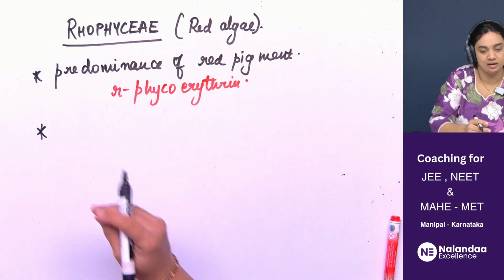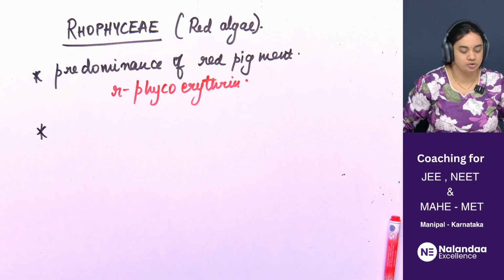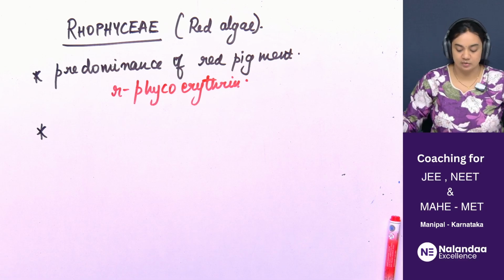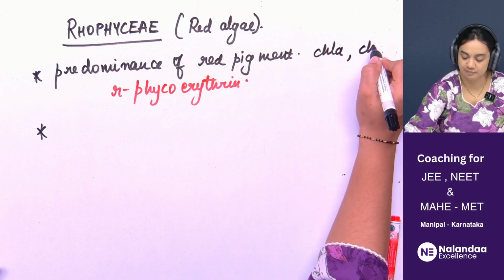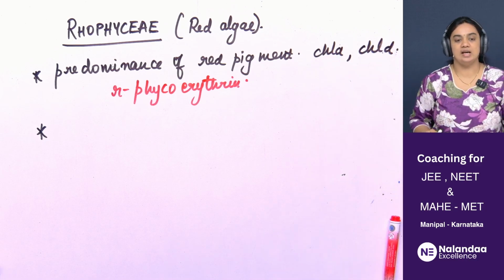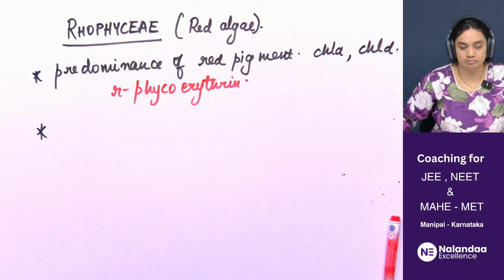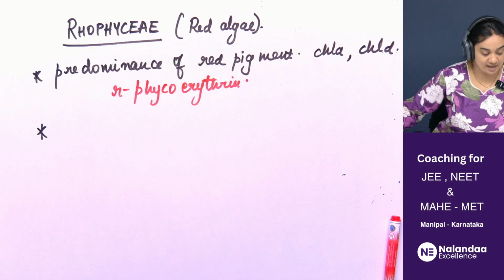Along with this, other photosynthetic pigments are also found. We will see what that is. It has chlorophyll a and chlorophyll d, along with R-phycoerythrin, hence the characteristic red color.